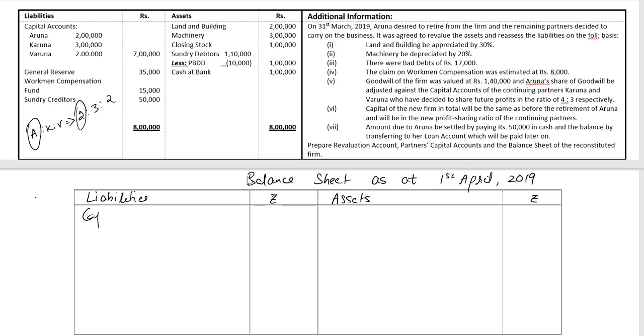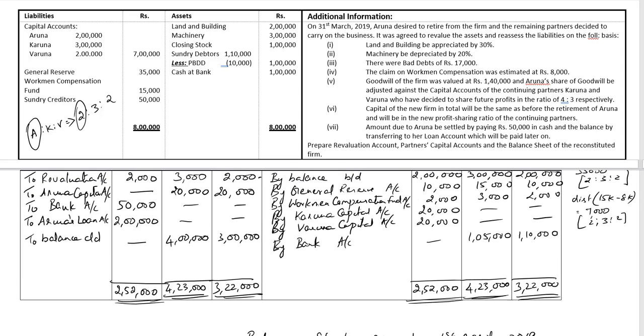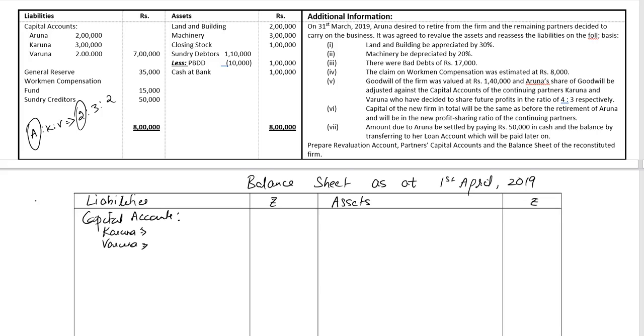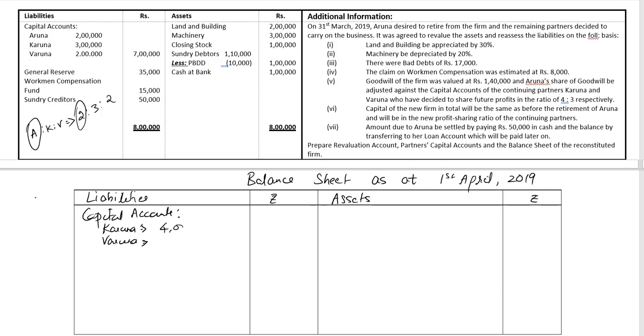We'll begin with the capital accounts. The continuing partners, Karuna and Varuna. The new capitals as per the capital accounts, 4 lakh and 3 lakh rupees. 4 lakh for Karuna and 3 lakh rupees in the case of Varuna, total 7 lakh rupees.